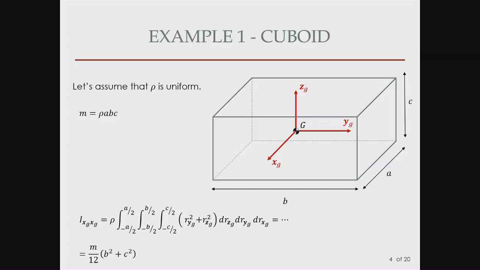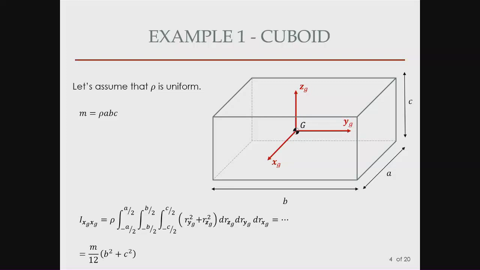Why are the limits for z between minus c by 2 and c by 2? Because your point P, as it travels across the volume, I'm going first in the z direction, in all the y directions, and the x directions last.